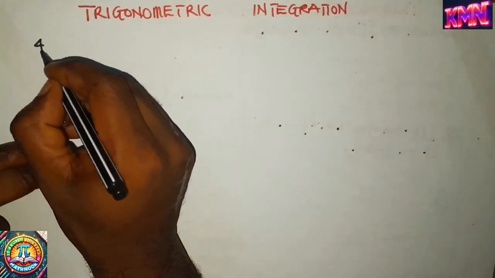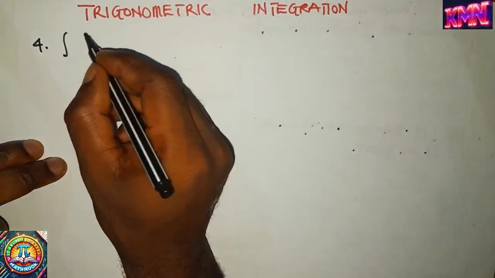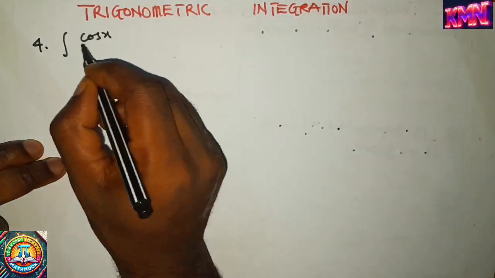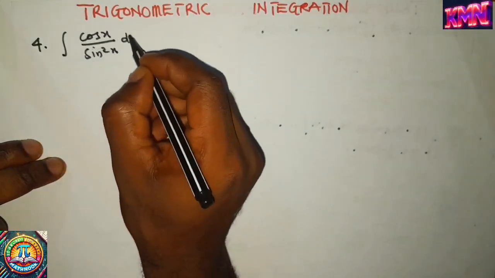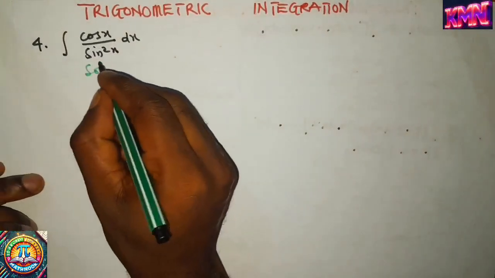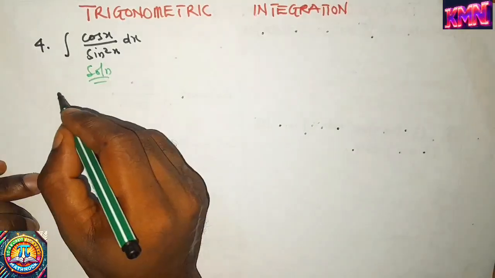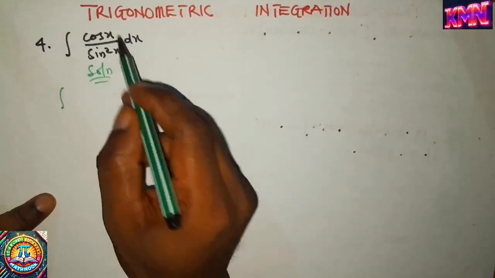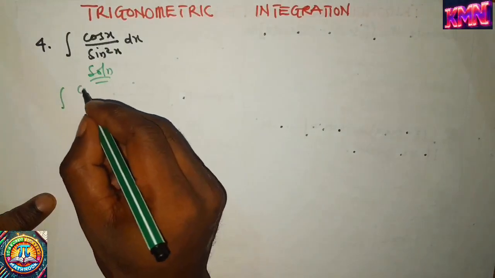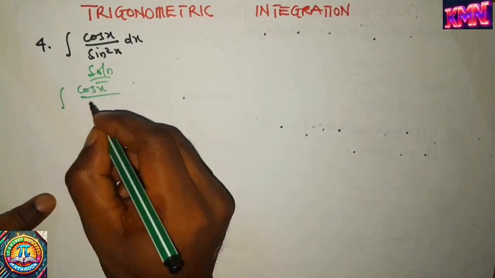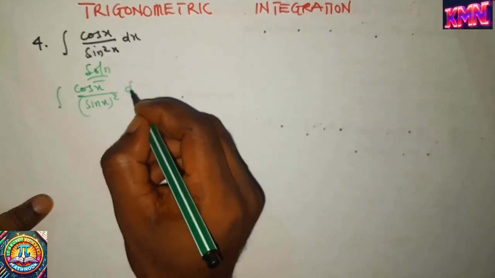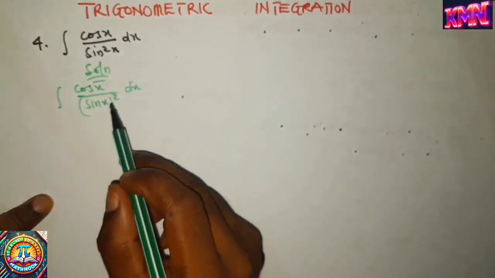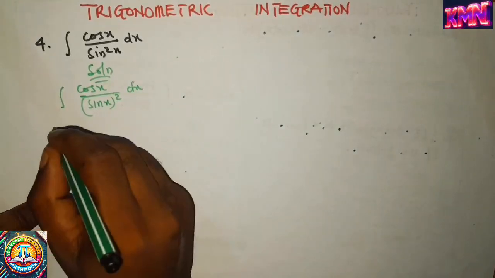Also, we have the integral of cosine of x on sine square x dx. Here, note that this can also be written as cosine of x on sine x all squared dx. The reason why I've written it this way is for us to see it clearly.